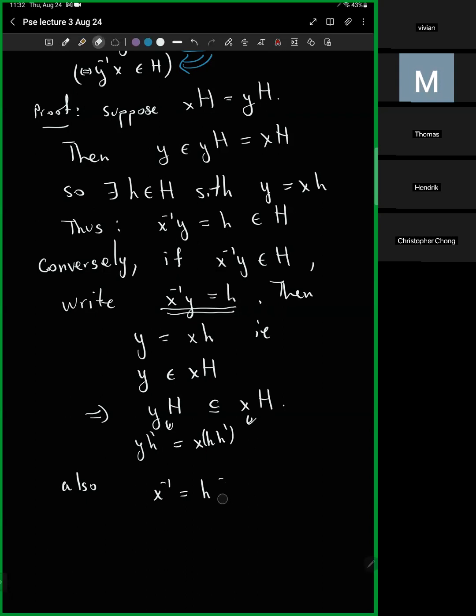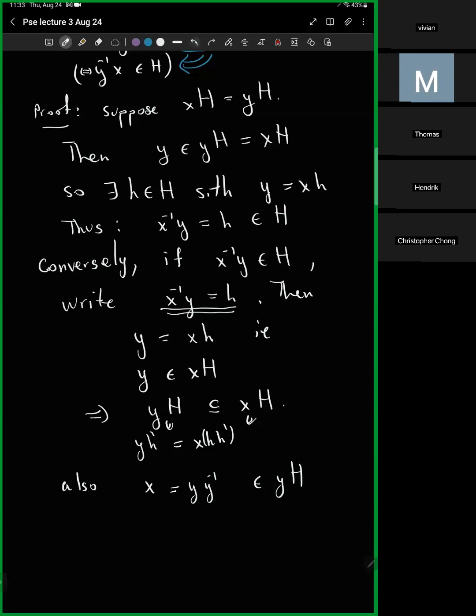There is a simpler way to do it. Now I want to show that x is an element in yH. But x is equal to y^-1 h.